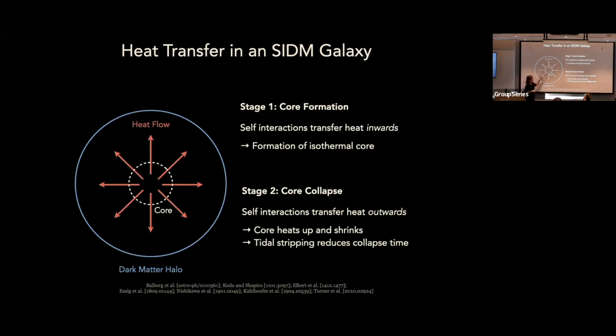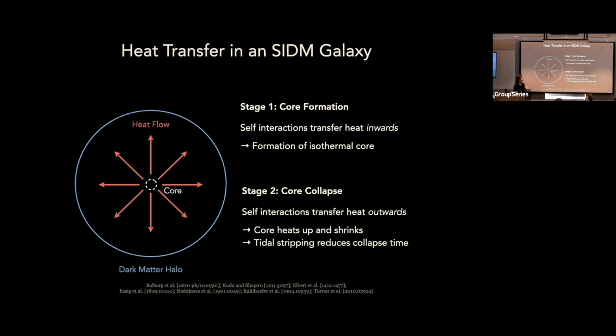And what that ends up causing is the core to shrink in size. And it shrinks down to a point where it completely collapses, and you end up getting this very high density region in the center. For field galaxies that are just isolated, the time scale for this process is very long. So it's longer than the age of the universe. So this process isn't relevant for those systems.